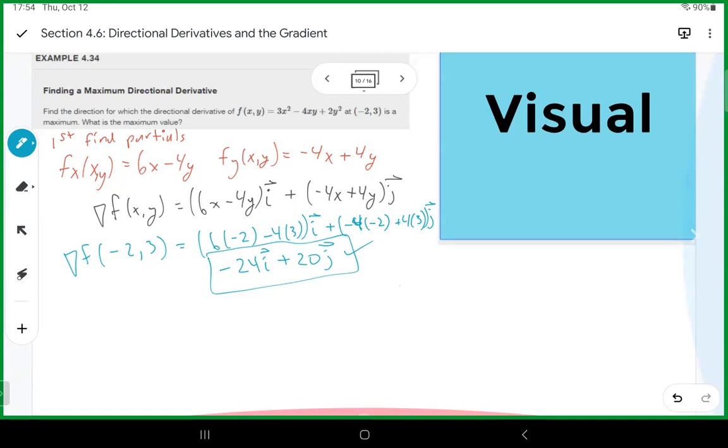so next we need to find a unit vector that points in the same direction. So we want to divide what we just found by its magnitude.